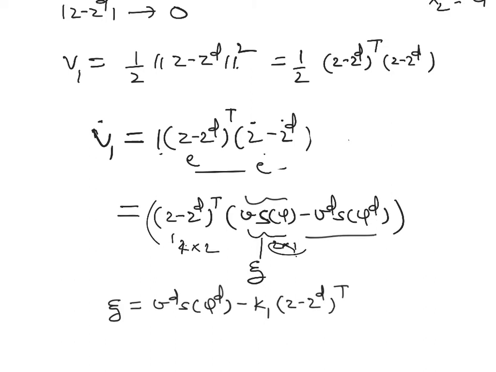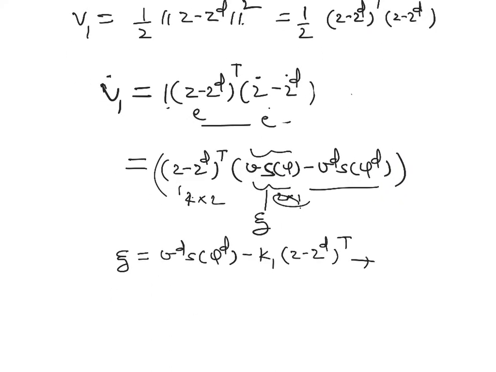If I choose this, then v1 dot, this will cancel out, and v1 dot will basically be minus of z minus z desired into k1.